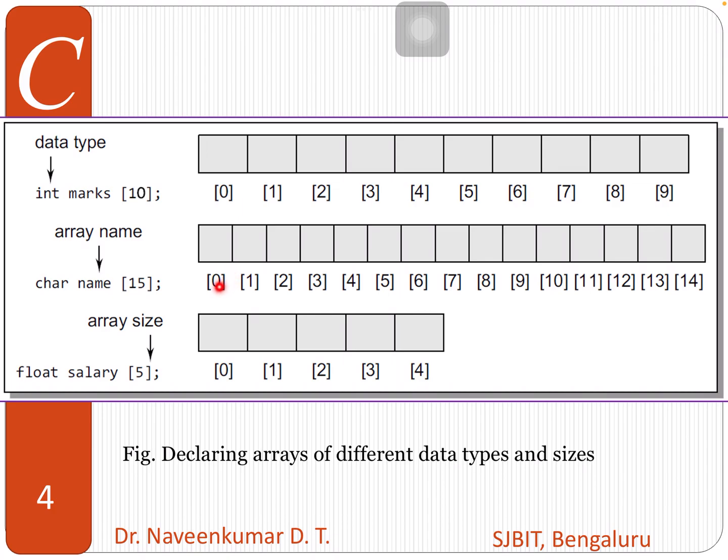The index starts from 0 to 14. And float salary[5]: float is the data type, salary is the name of the array, and it can store 5 elements in this array.